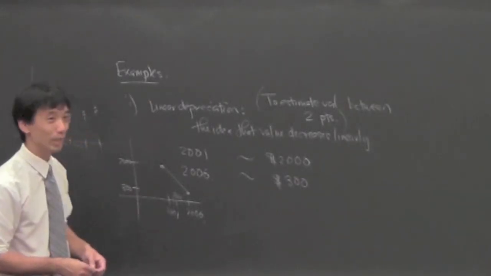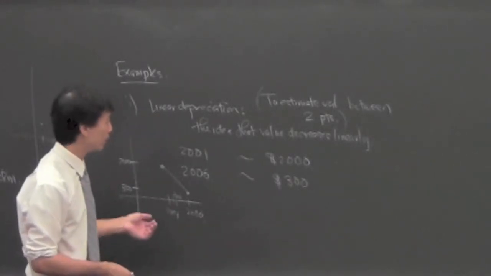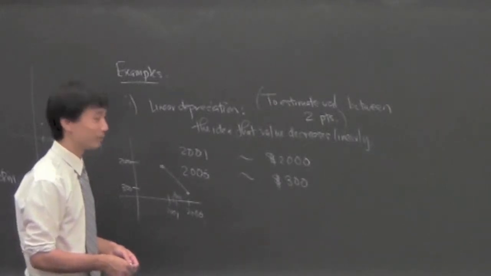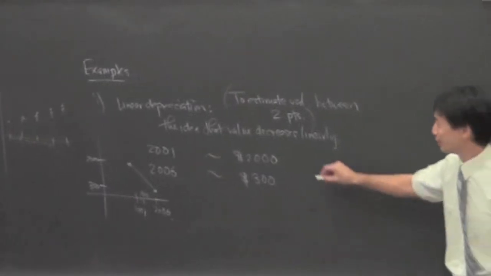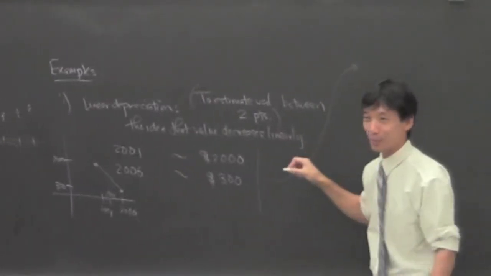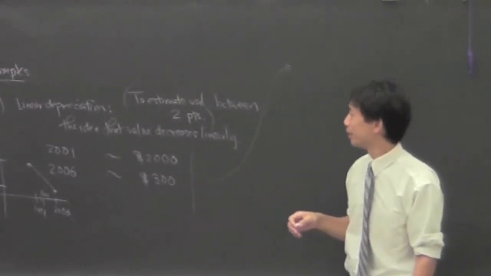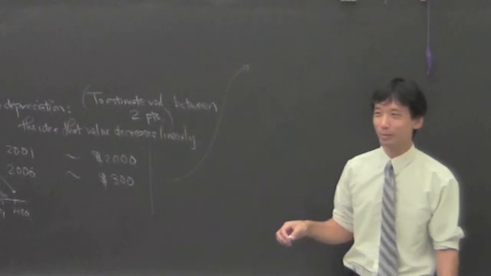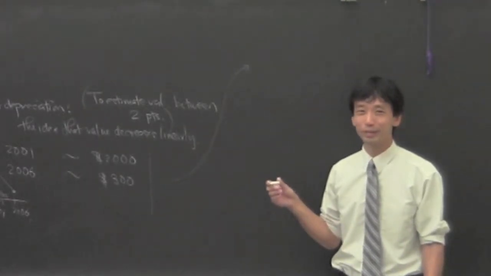You can do it. What's the slope of the line? It's negative. Okay, it's true, it's negative, but you guys can tell me a little bit more precisely.